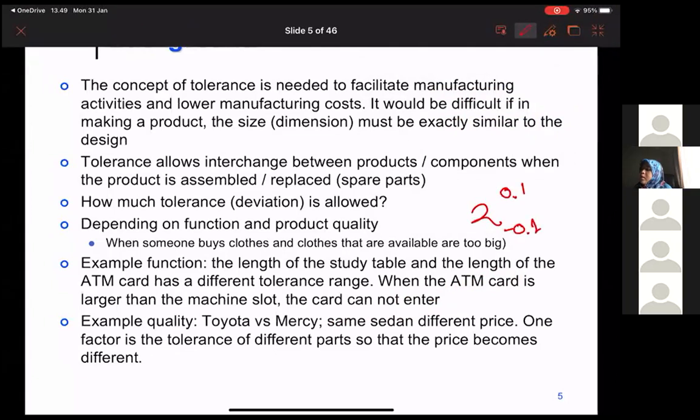So if a manufacturer wants to make an ATM card from plastic, and they make it with a different thickness, for example 2.5 millimeters, of course it is not on specification. Then it can't enter the ATM, right? So the product is off spec.